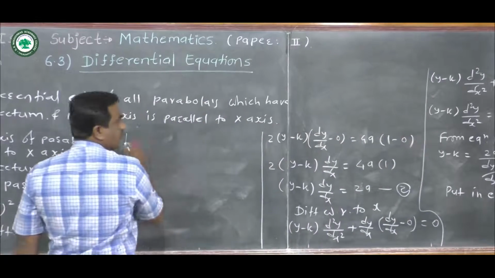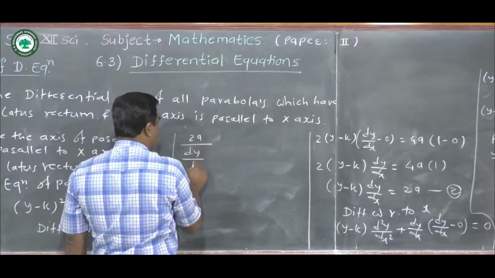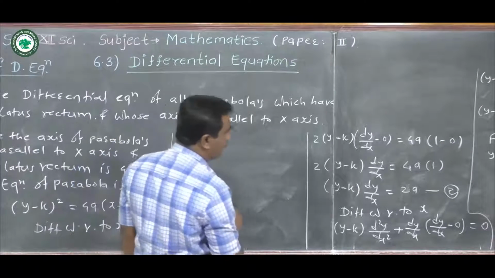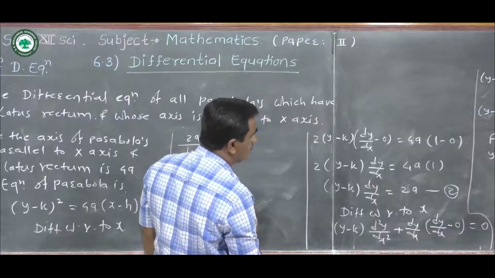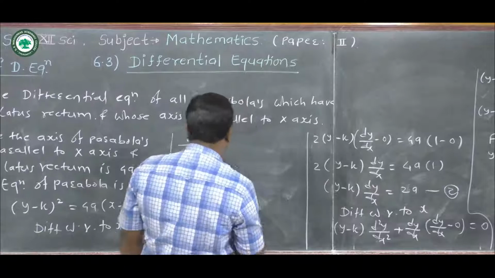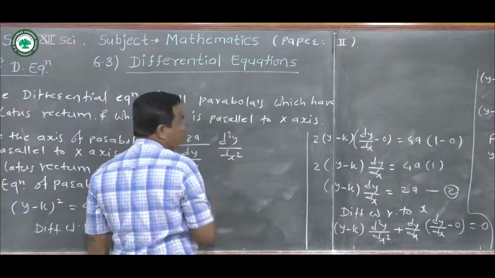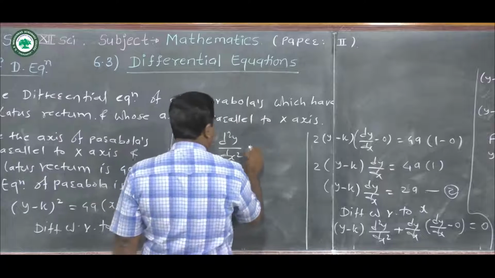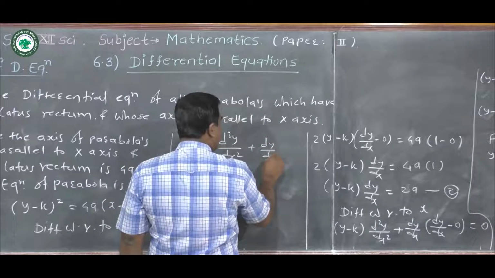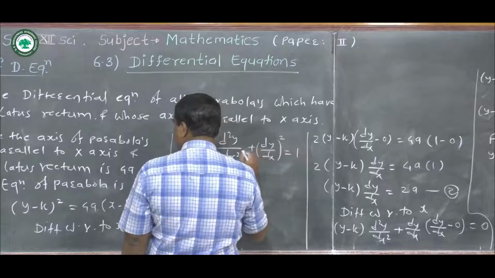Therefore, we can write 2a upon dy by dx into d square y by dx square plus (dy by dx) whole square equal to 0.